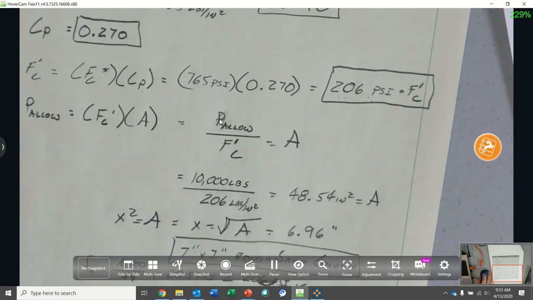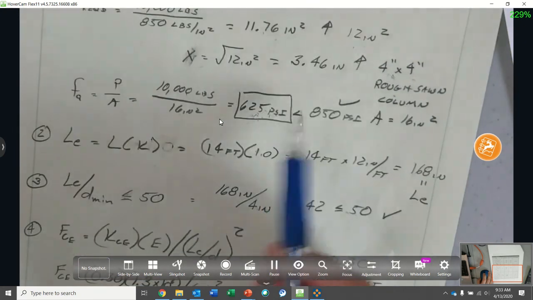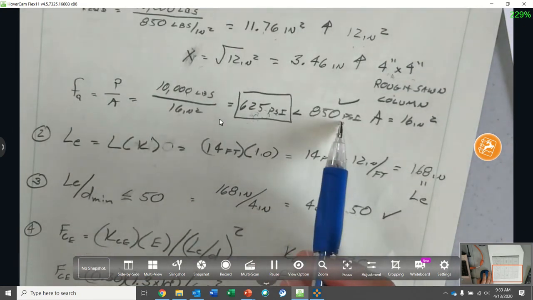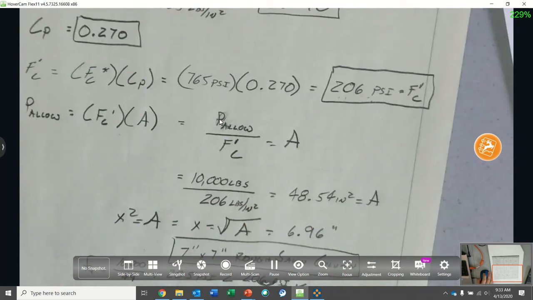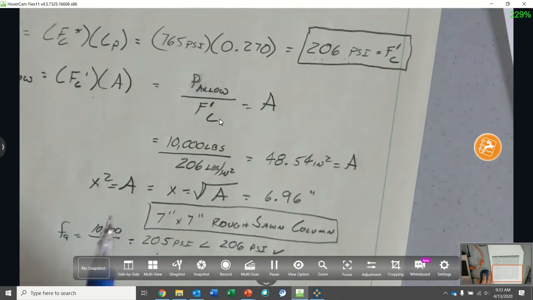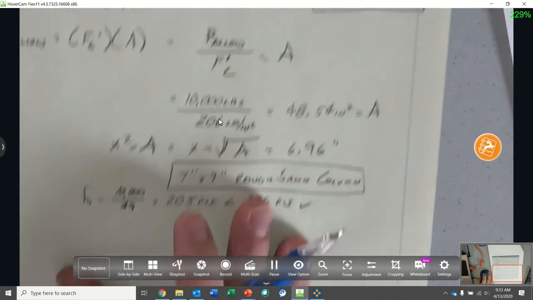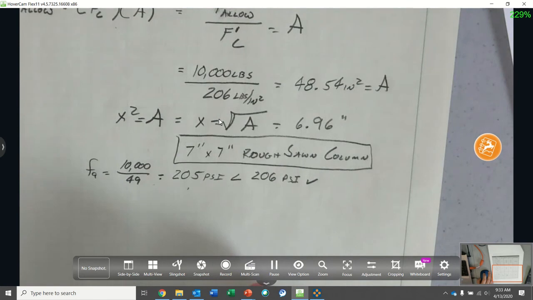We're not even worried about crushing anymore, are we? We're worried about buckling, because stress, load, and area, P, A and stress are all related to each other. So we're okay.